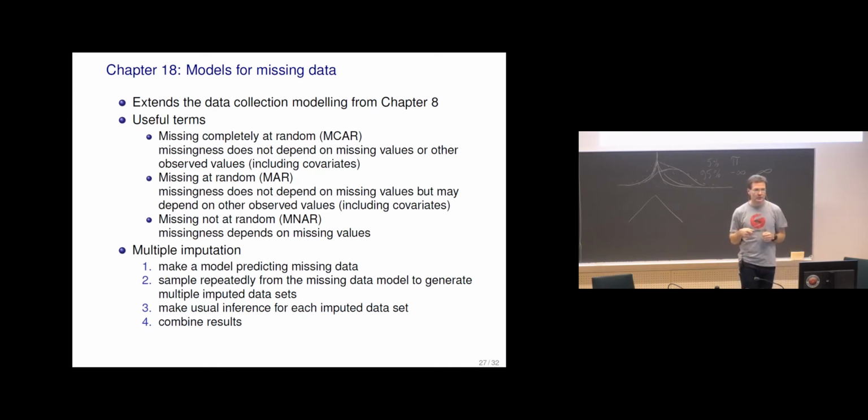Then you can make the usual inference using each of these imputed data sets, and then in the end combine the results. This multiple imputation is the commonly used approach, because after imputation you can make the inference as usual. And of course there's a lot of literature on how to do these models when we have missing not at random, and we need to take into account these dependencies and so on.